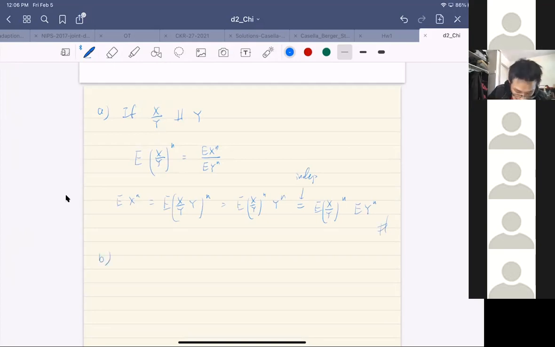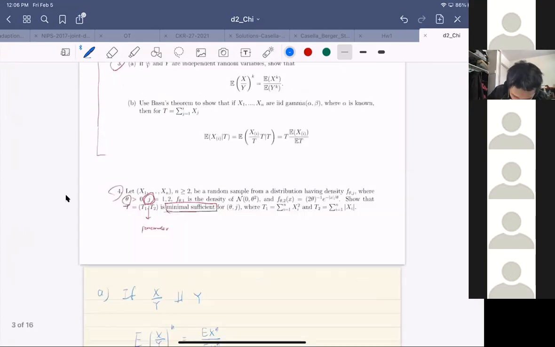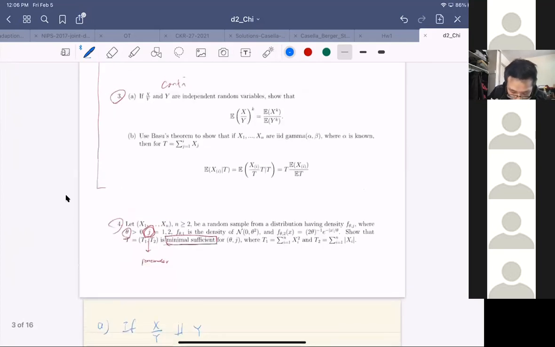And the interesting part is question B. Here we want to use the Basu theorem to show that if there are gamma distribution, alpha is known, then we have this.